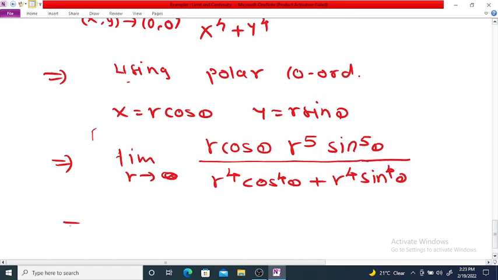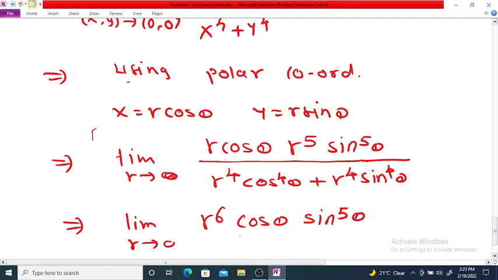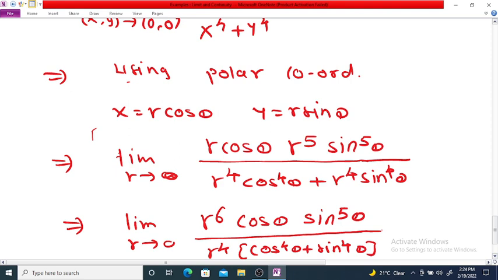Now this is equal to limit r tends to 0, taking r raised to 4 outside, r raised to 6 cos theta into sin raised to 5 theta divided by r raised to 4 times cos raised to 4 theta plus sin raised to 4 theta.